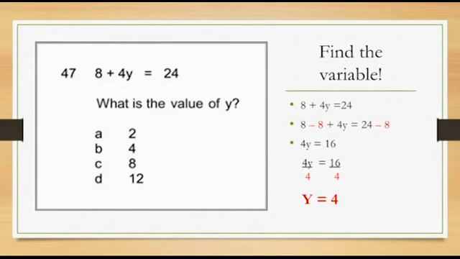I don't need to write the 1, but that's really what it stands for. And 4 into 16 is 4. So y equals 4 satisfies this equation and makes it true. So 4 times 4 is 16. 16 plus 8 is 24. Correct. So y equals 4.